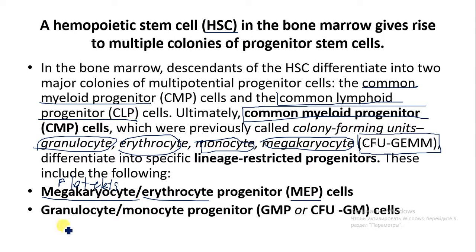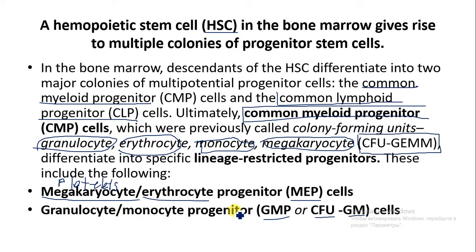Another progenitor is GMP, also named CFU-GM, colony forming unit granulocytes and monocytes. GMP, granulocyte monocyte progenitor, is responsible for formation of granulocytes, neutrophils, eosinophils, and basophils, and monocytes.